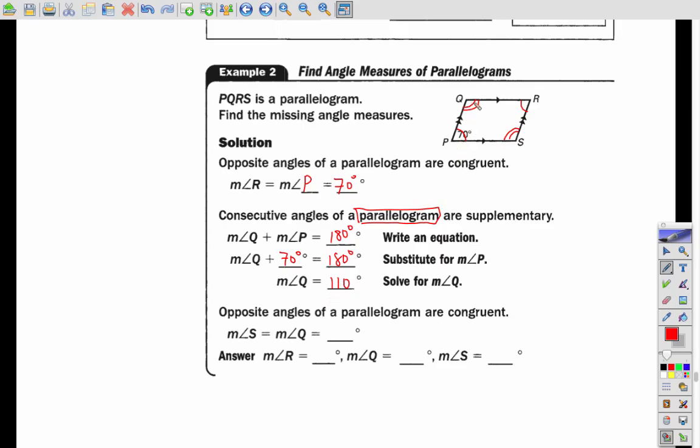Now that I found out Q is 110, Q and S must be congruent angles. So to summarize, angle measure for R is 70, for Q is 110, and then for S is 110 as well.